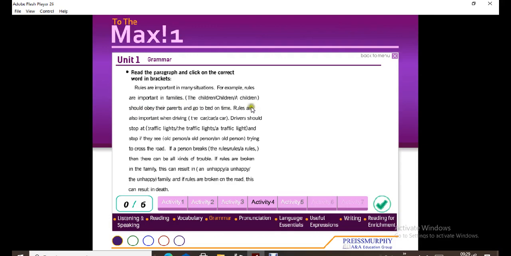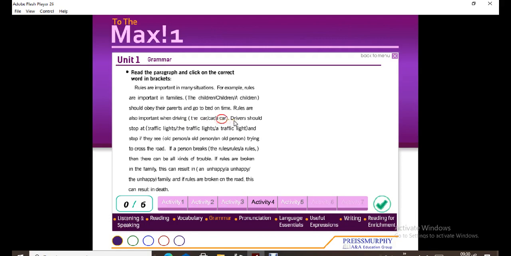Now, rules are also important when driving. I mean, when you drive a car, for example. When driving what? The car or a car? I'm talking about a car for the first time, so I'm going to choose this. Okay.